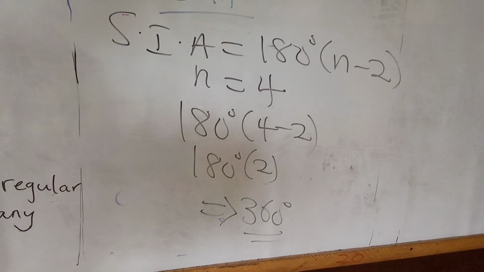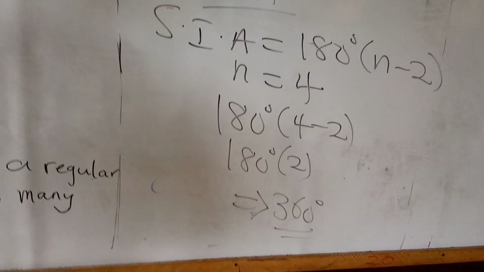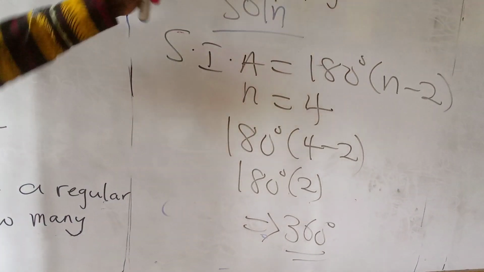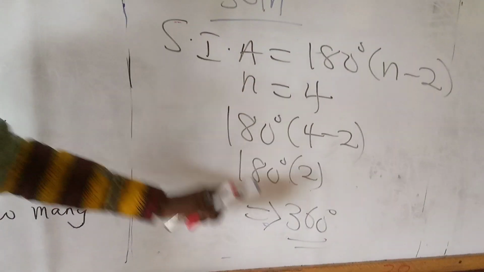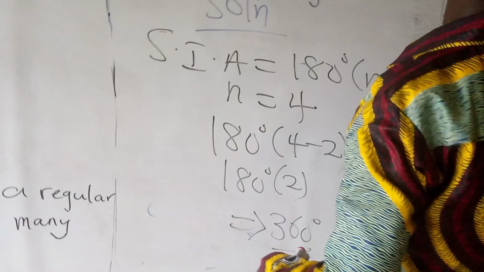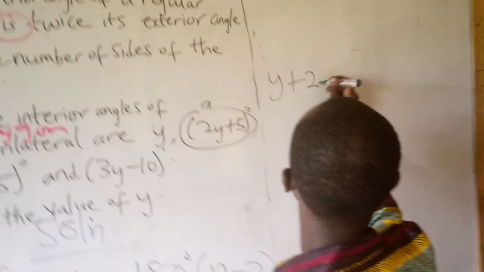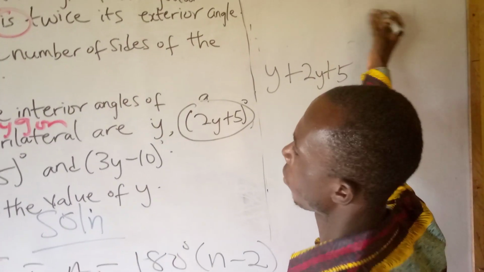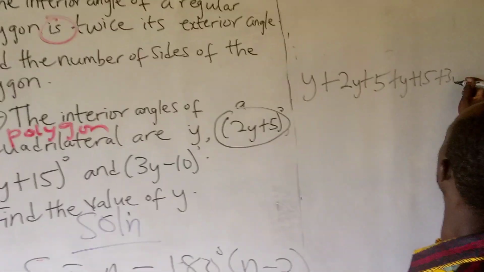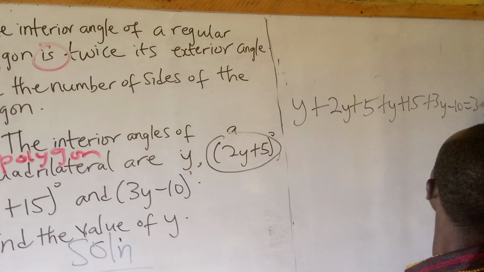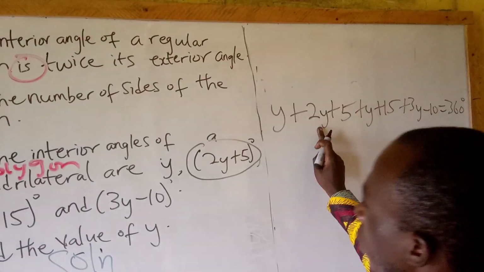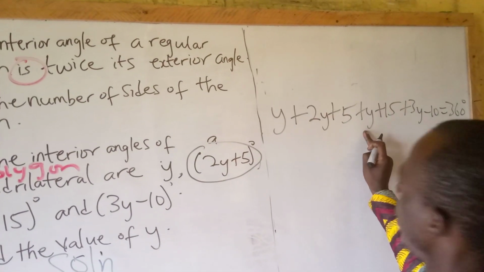And once we know our sum of interior angles, you equate it to these interior angles. You sum it up and you equate it to the sum of interior angles. So it becomes y plus 2y plus 5 plus y plus 15 plus 3y minus 10 equal to 360 degrees. y plus 2y is 3y, plus y, 4y.